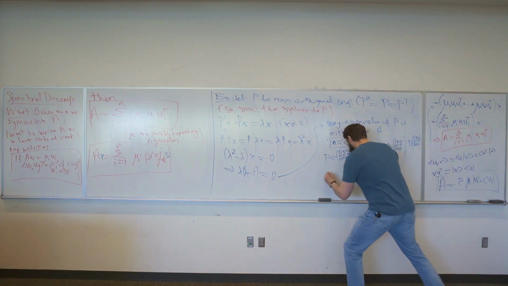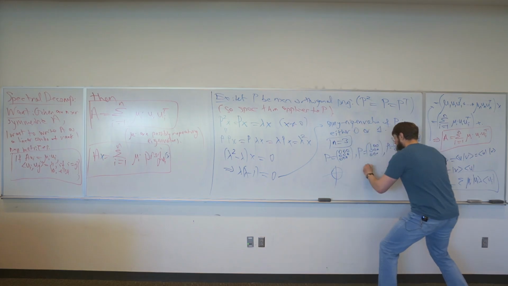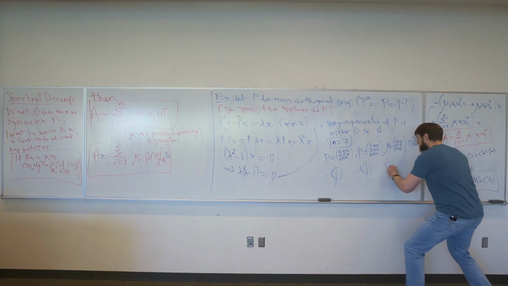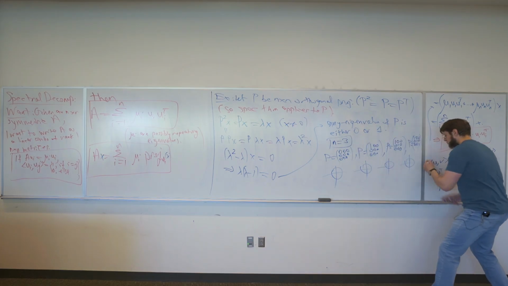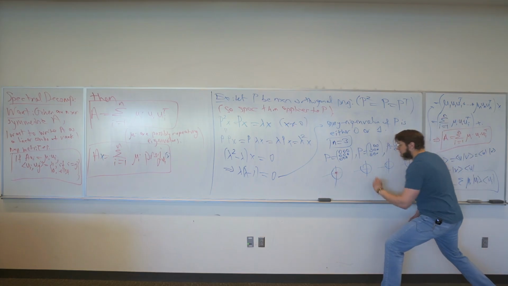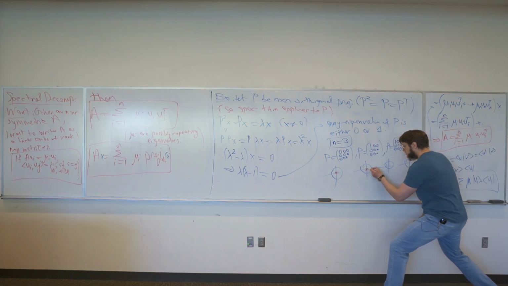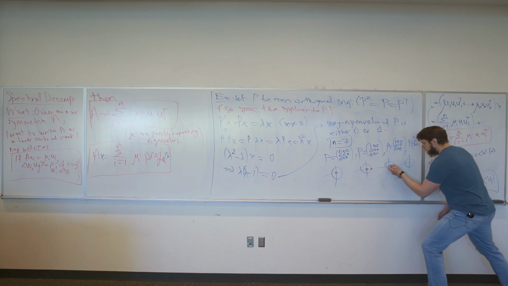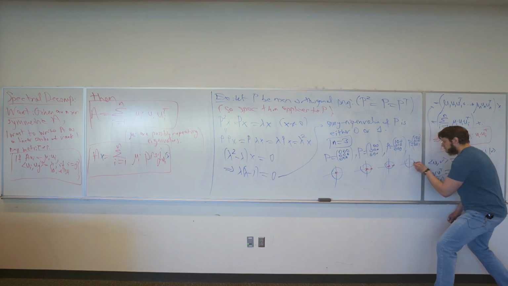In terms of the spectra, here I have only one blip at the origin, two blips like this, two blips like this, and one blip here.